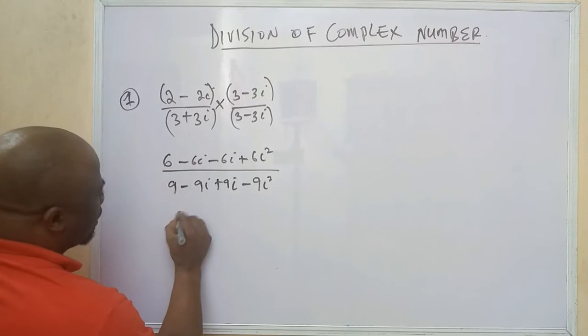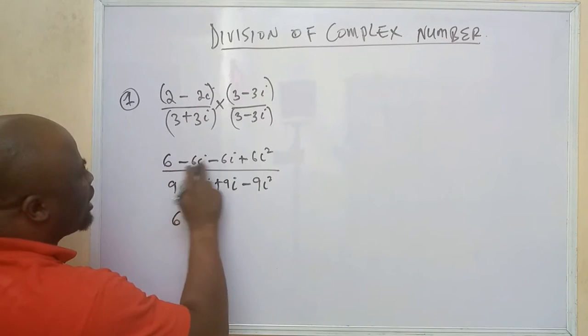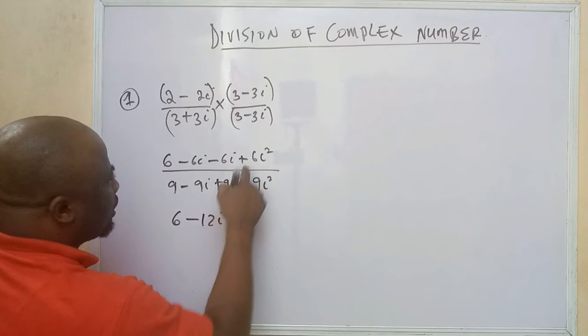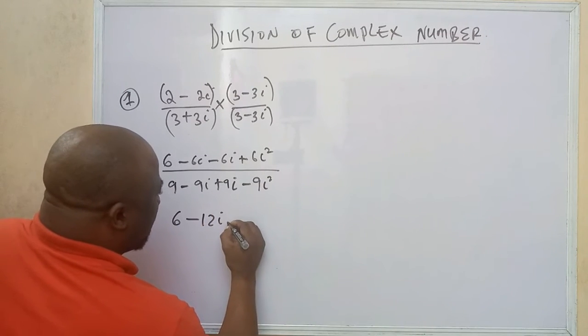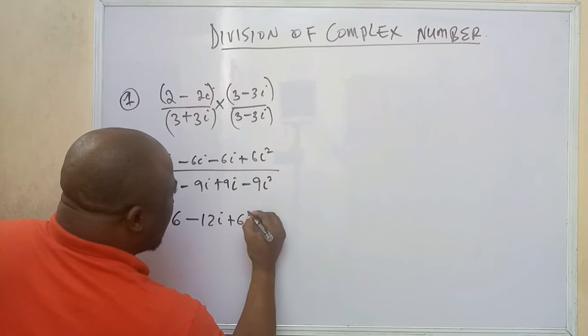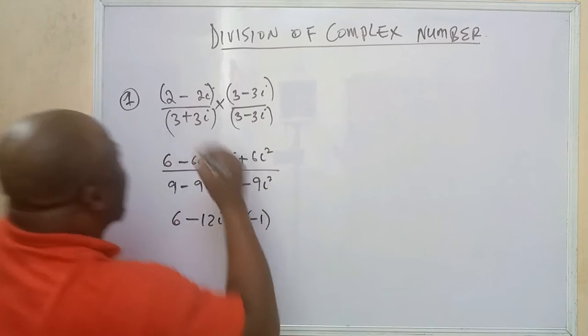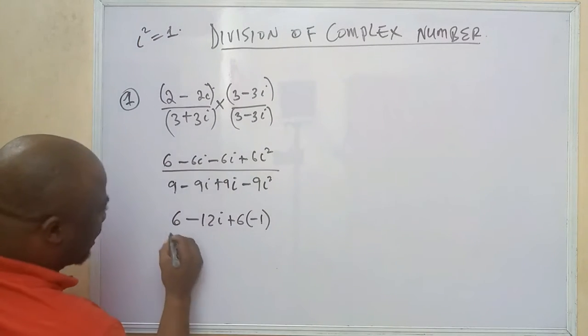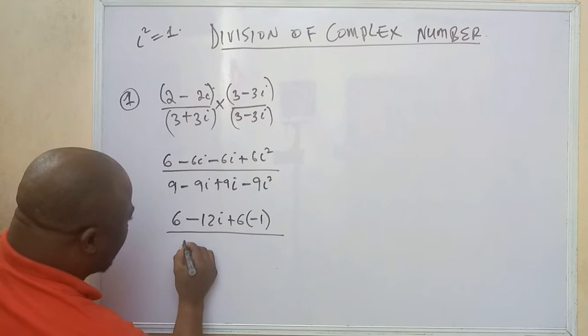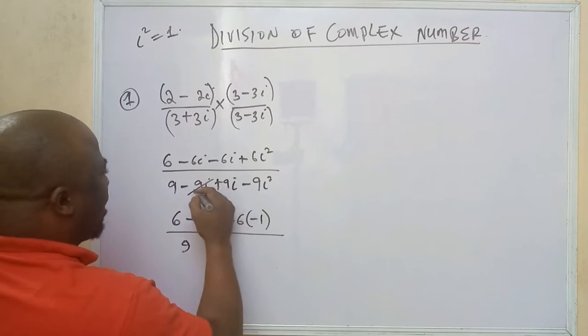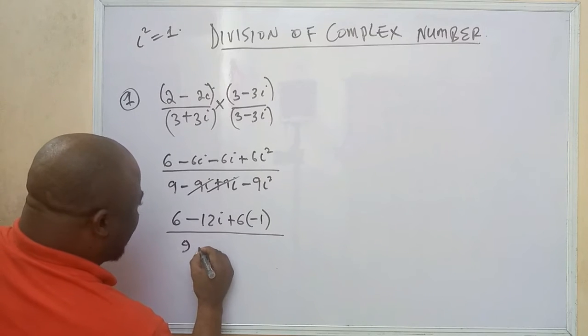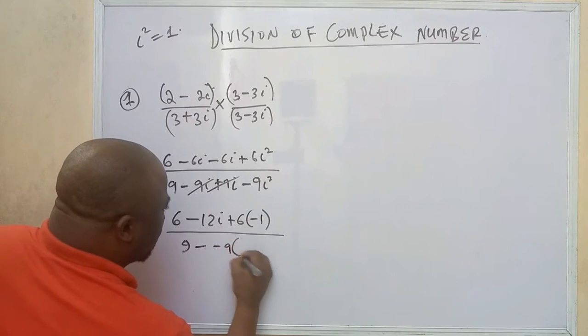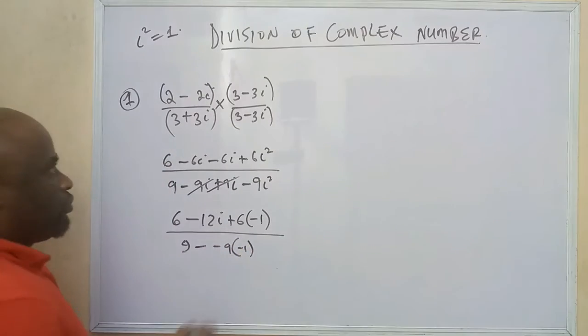We have 6 minus 6i minus 6i, that is minus 12i. Then we have plus 6 into minus 1. I said that i squared is minus 1, and in my previous video, I've explained that. So you have 9 minus 9i squared, which is 9 minus 9 into minus 1.